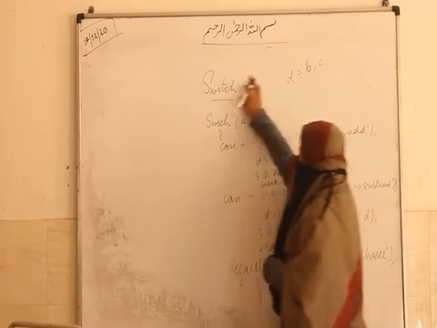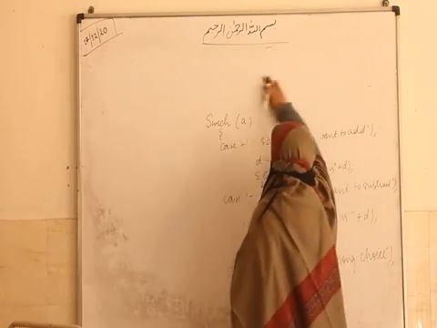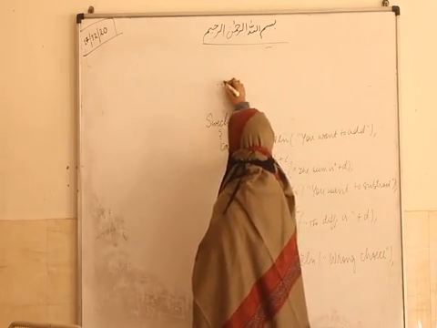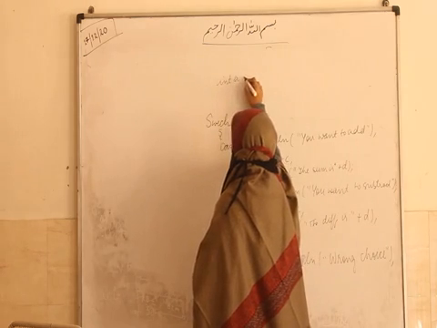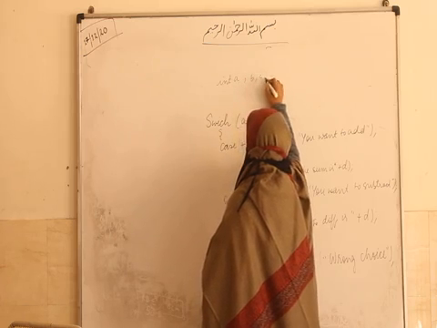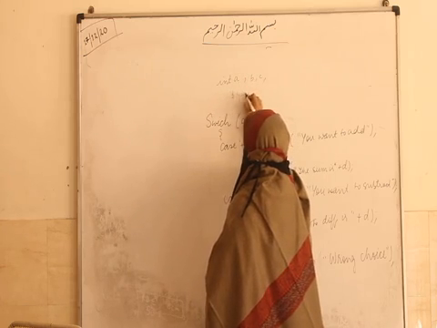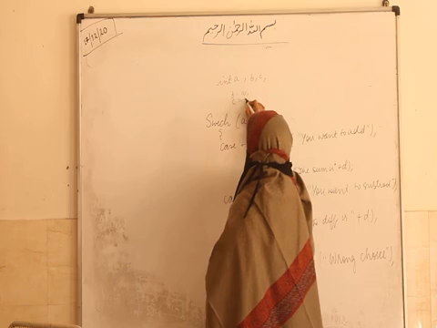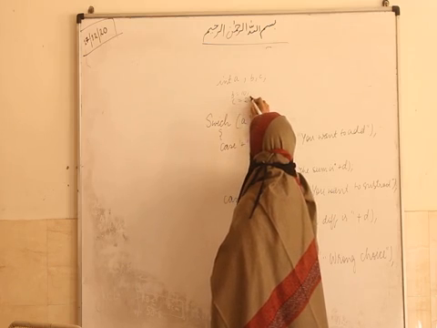Now suppose before this there were three variables defined, and the value of B was 10 and C was, suppose, 20.